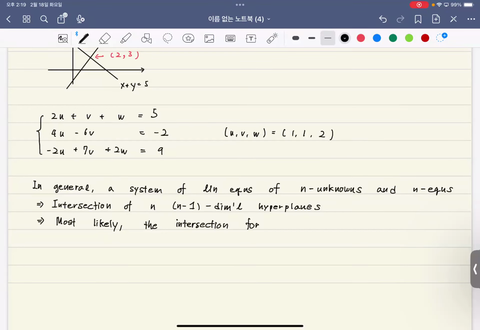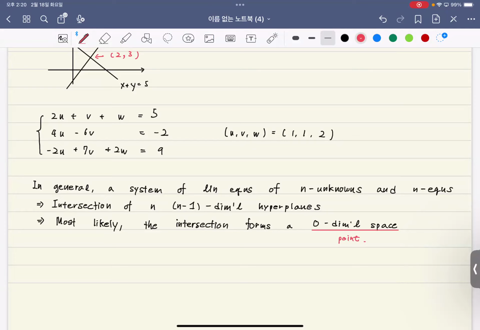The intersection of these n minus 1 dimensional hyperplanes is a 0-dimensional space, which is a point, right? You can try to understand it in this way.